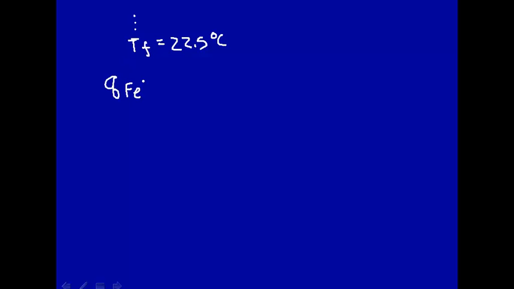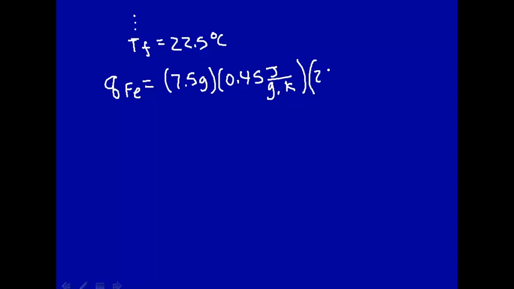Now with the final temperature, we can calculate Q for iron. Q for iron is the mass of iron, 7.5 gram, times the specific heat capacity of iron, 0.45 joule per gram per Kelvin, times the final temperature, 22.5 degrees C, minus the initial temperature of the iron, 100 degrees C. This comes out to be 2.6 times 10 to the second joule.